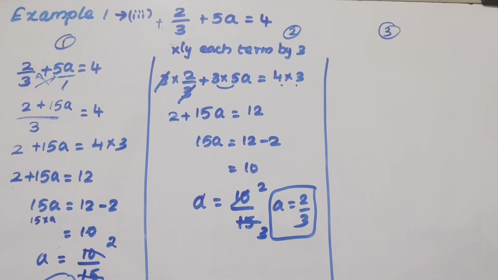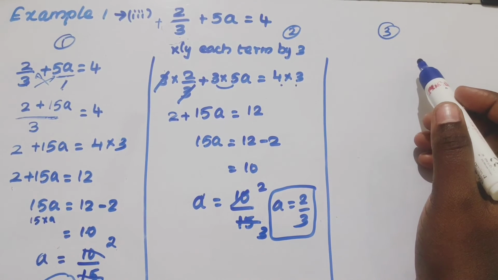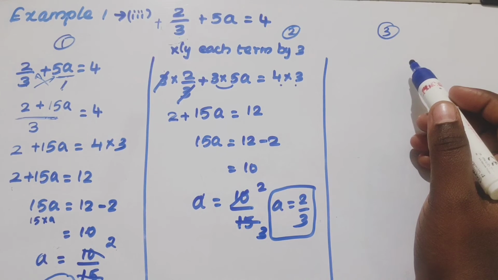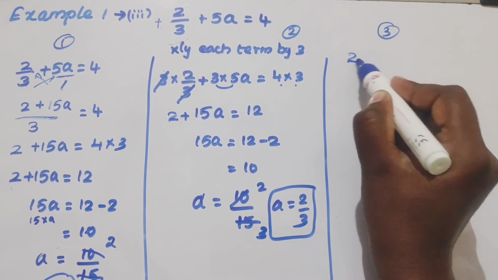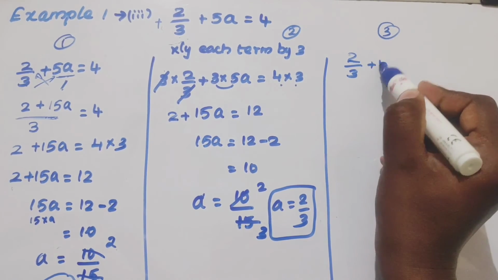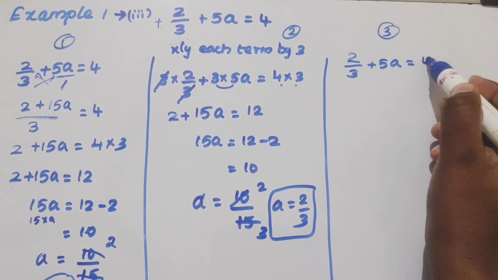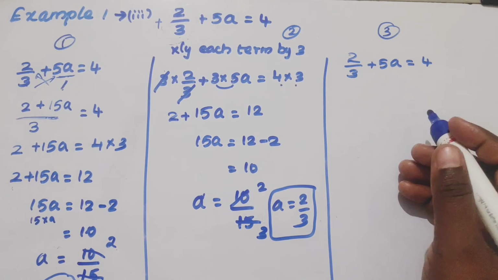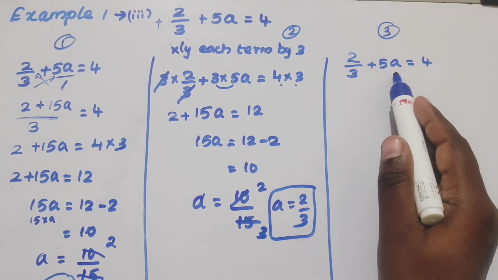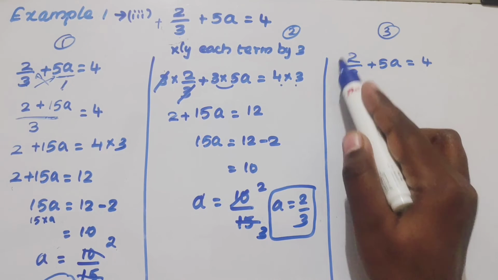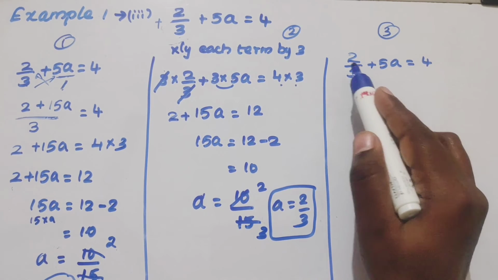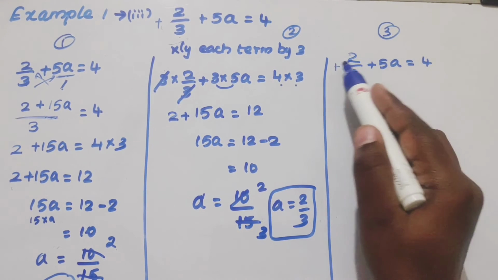See method 3. Which is easy for you, try to solve in that method. See here what is given: 2 by 3 plus 5a equal to 4. We have learned in the previous class, for finding the value of the variable, just see the constant numbers. Here it is 2 by 3, but the sign is plus.